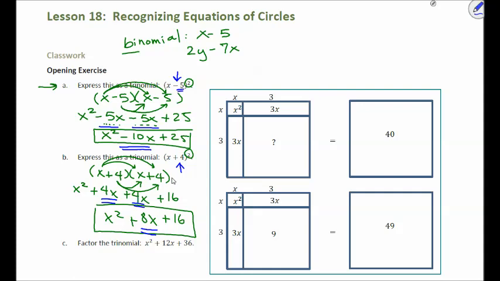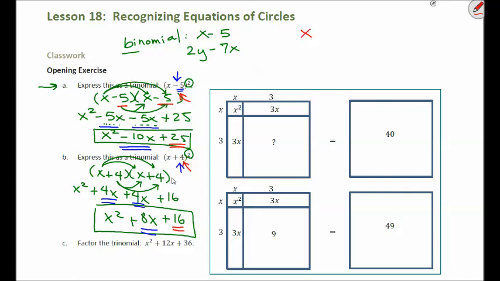Okay? The second thing to notice is where the 25 comes from. Well, it came from multiplying the negative 5 times negative 5, or multiplying this second term in the binomial times itself. That also happened down here with the 16, which came from multiplying this 4 times itself. So those two patterns are very important for us. We generalize it over here.